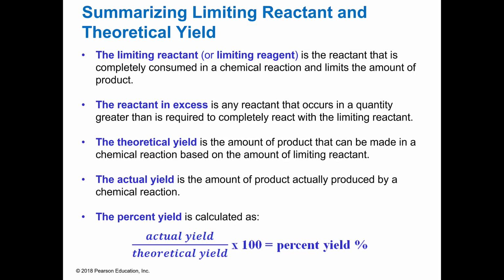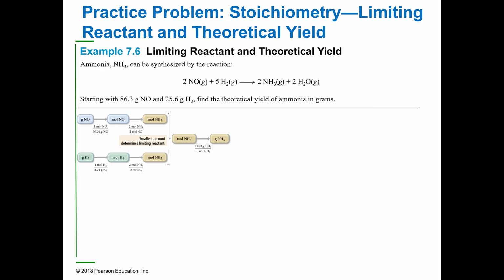And the actual yield is how much I actually produce. And then the percent yield is the actual yield divided by the theoretical yield times 100. So remember, this is from the equation, and this is what we see in the lab usually. And that gives us the percent yield when we multiply it by 100.